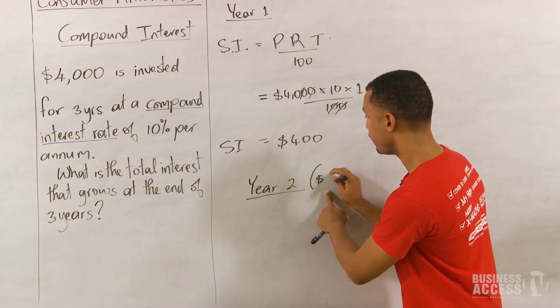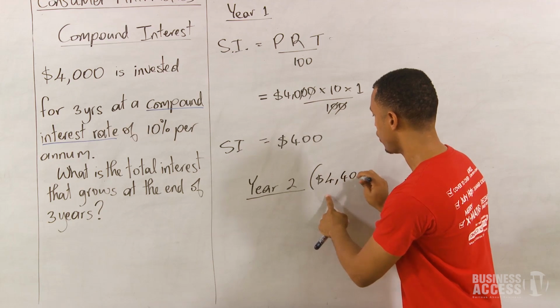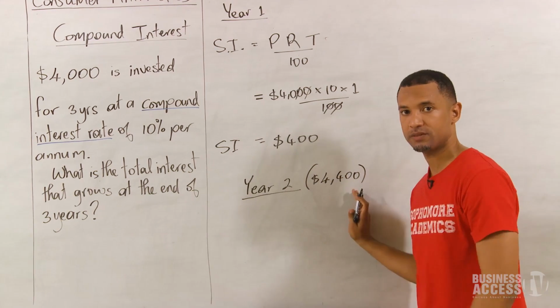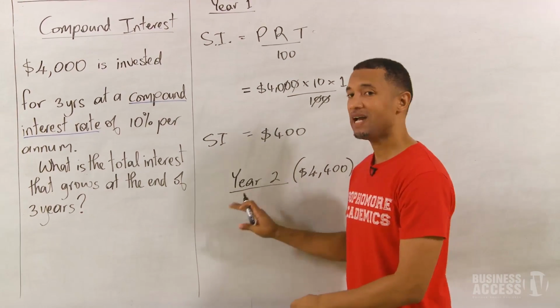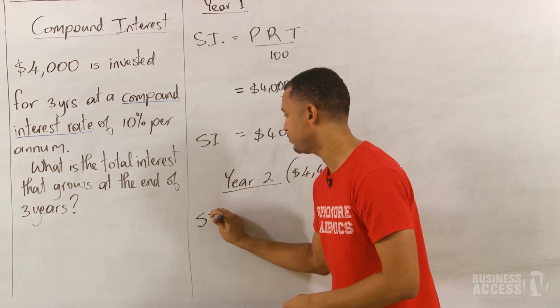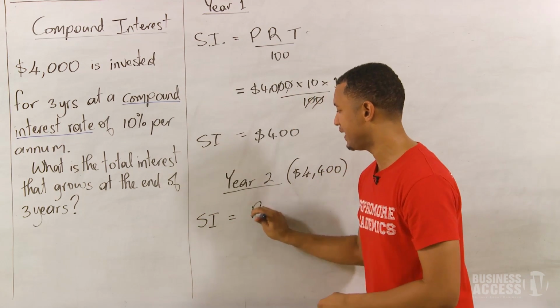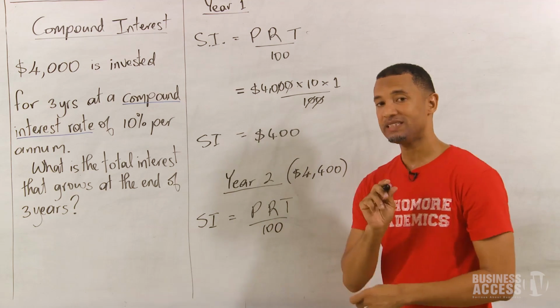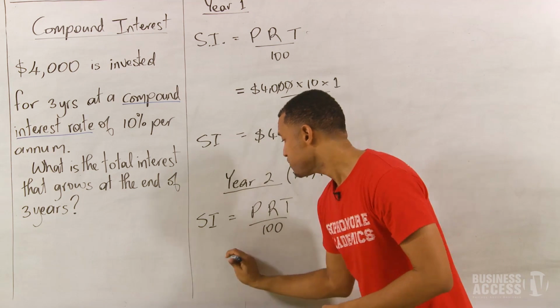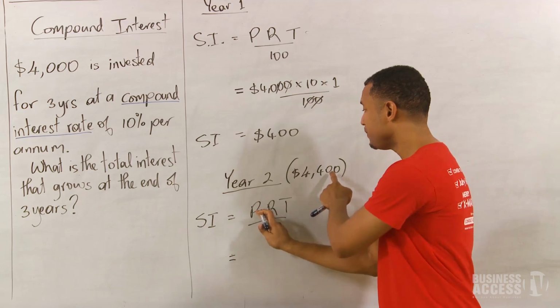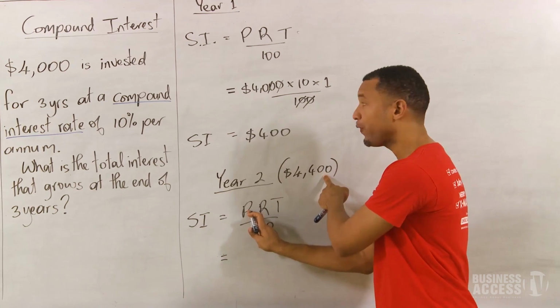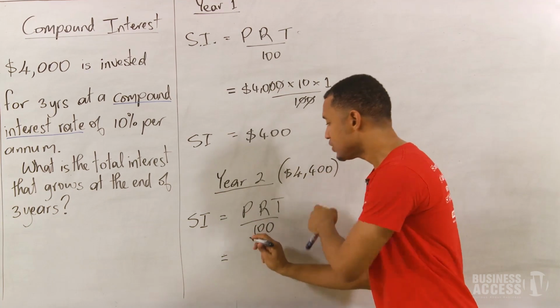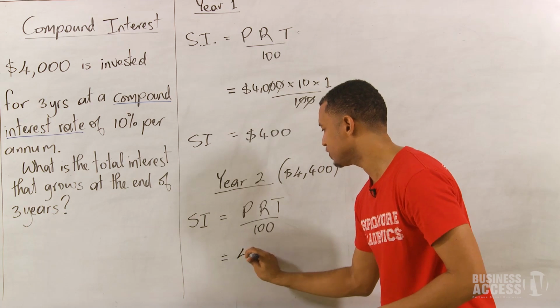So you now have $4,400. And you're going to calculate your interest. Simple interest is going to be equal to, again, PRT over 100. And this time, your principal is going to be this value, 4,400.